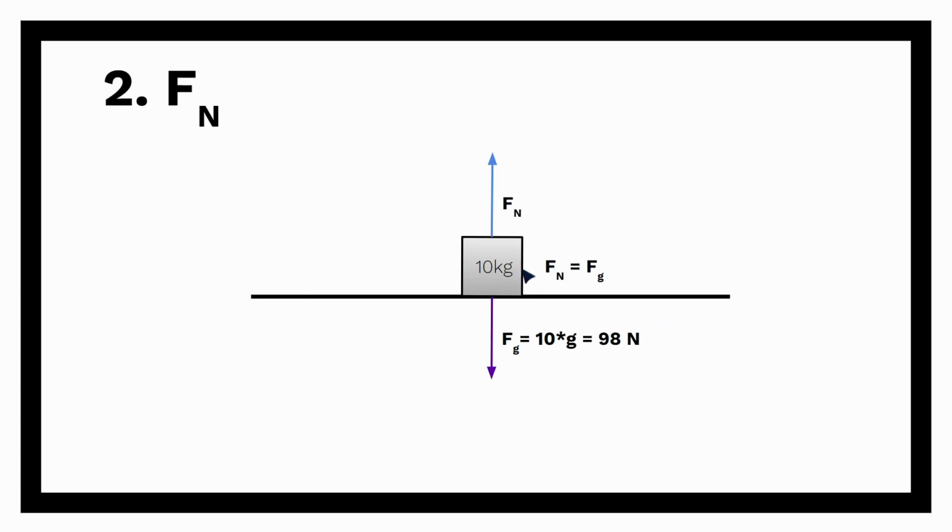But in this case, Fn equals Fg equals 98 newtons, which makes sense. If 98 newtons goes down for gravity, then the table or the floor or whatever is pushing 98 newtons back so that it doesn't move at all. It doesn't accelerate at all.